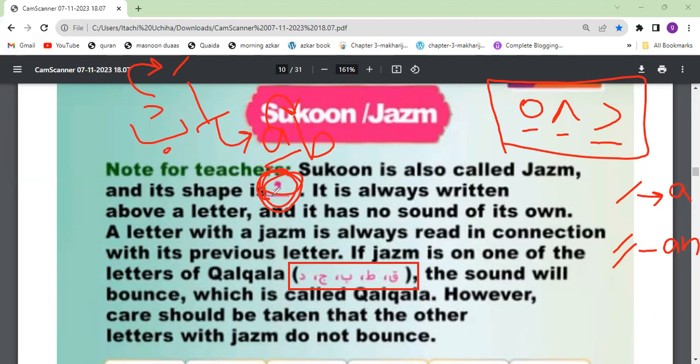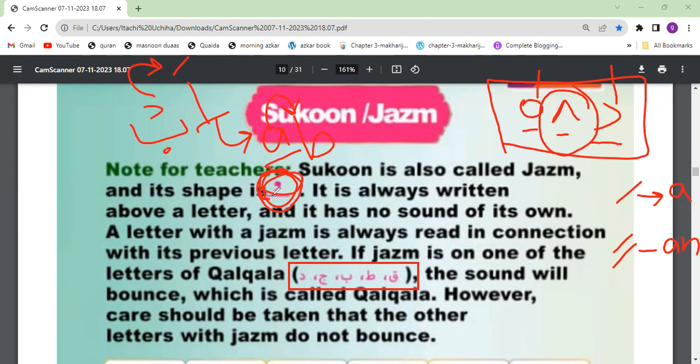Sometimes in the Quran, we spot a zero sign above the letters. Whenever it's there, it means it's a sukoon. It's another shape of sukoon used in the Quran. Most of the times we have this shape and this shape used in the Quran, but the script of Quran that is common in Asia is also having this sign.